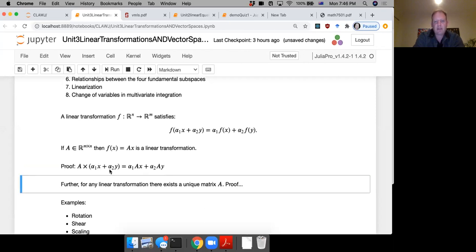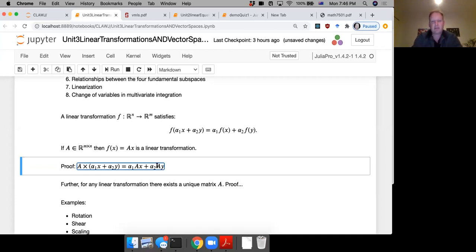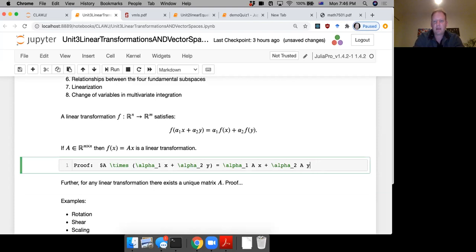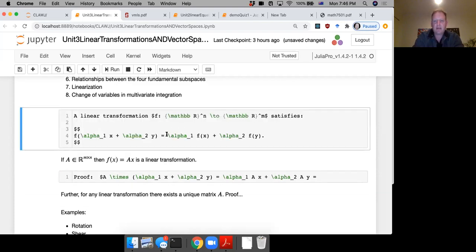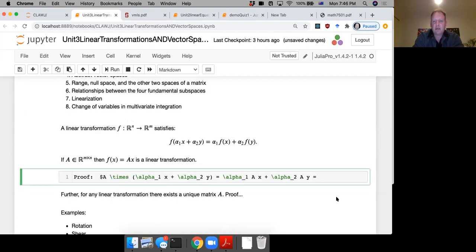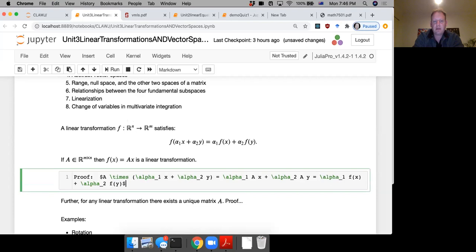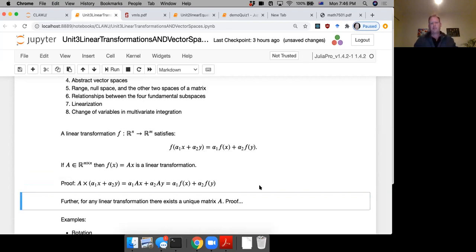So you pulled out the scalars, alpha, and you distributed the matrix multiplication to the right. And this is exactly this guy. So you've just shown that when you have a multiplication by matrix A, then you have a linear transformation.